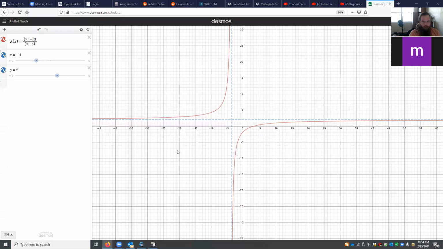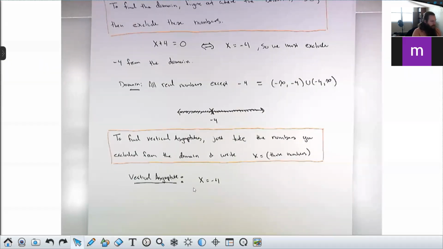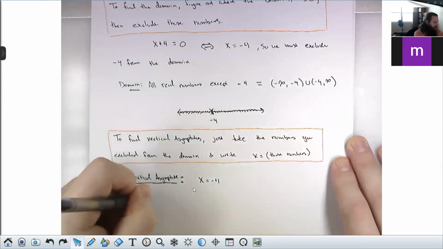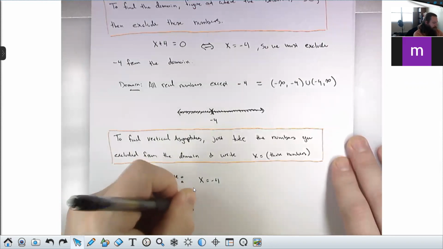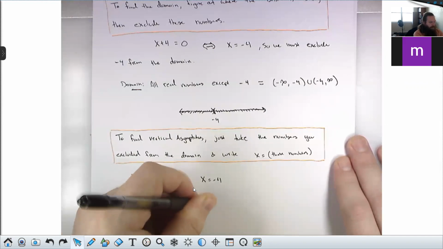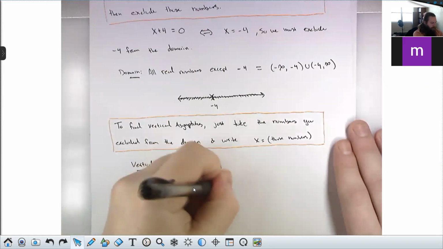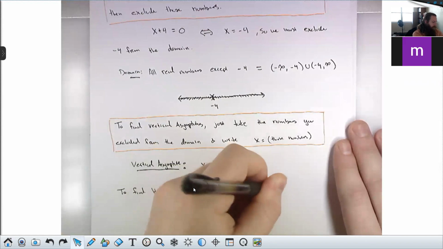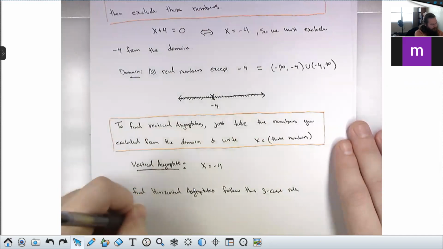And the other interesting things we want to be able to find here are the horizontal asymptotes. Those are pretty cool. To find horizontal asymptotes, there's a rule. There's 3 cases.